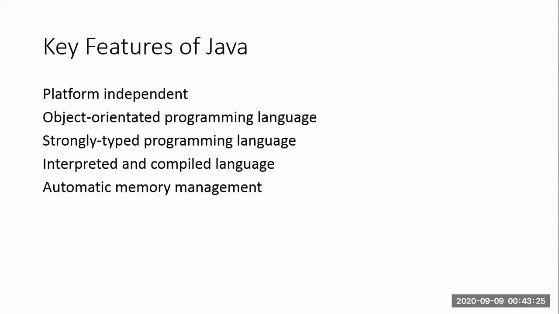When I can convert line by line, then I call it an interpreter language. Otherwise, when I read the entire program and then convert it to machine understandable language at a stretch, then I call it a compiler language. A C program comes under a compiler-based language, and Visual Basic comes under an interpreter-based language. But Java is a programming language which has the features of both interpreter and compiler based.